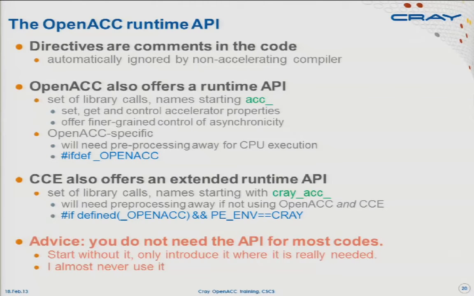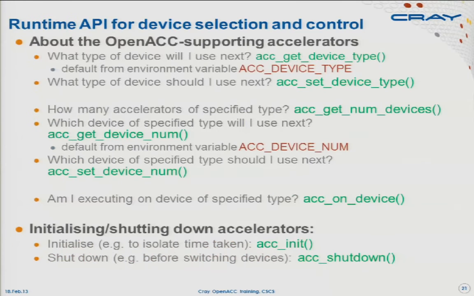And they give you some finer grained control. My advice here is that all the examples we've seen have not used the Runtime API. You don't need to use it in the first instance. The control that it gives you, in many cases, is replicated by directives. Or, if you're running on something like a Cray XK system, that's not relevant. So there's a lot of things about what sort of devices do I have, how many of these different sorts of devices do I have, and which device will I use next.